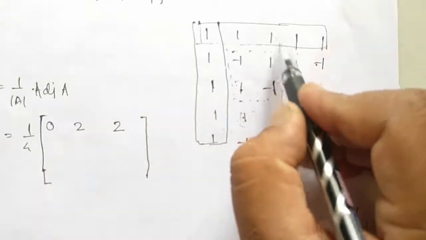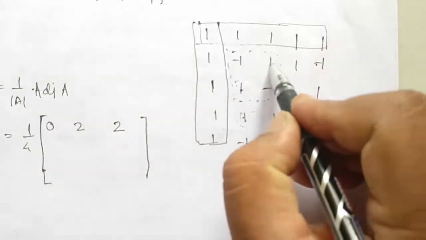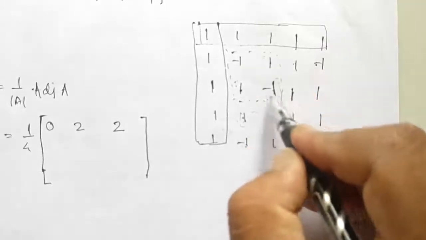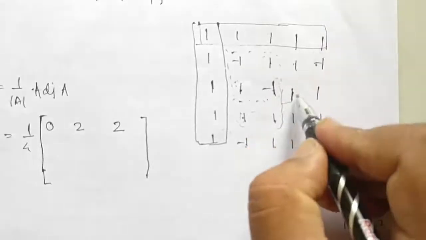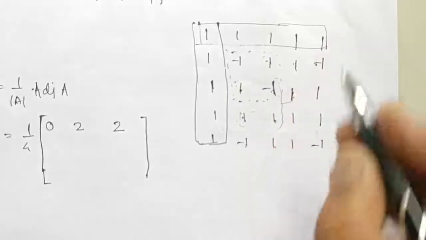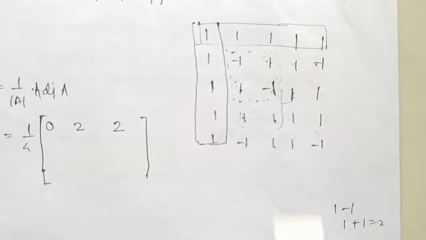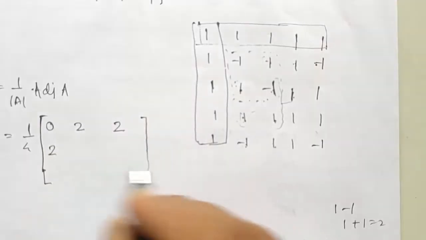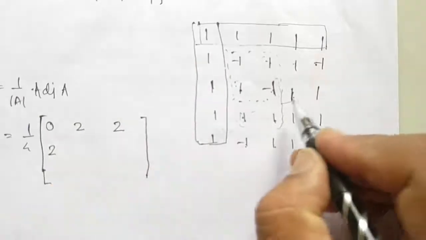Similarly, now go for the second row and third row. Consider this determinant: 1 into 1 minus minus 1 into 1, that is plus 1, that is 2. Go column wise, row wise.